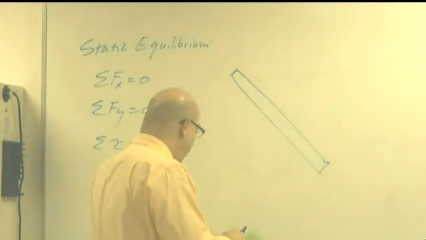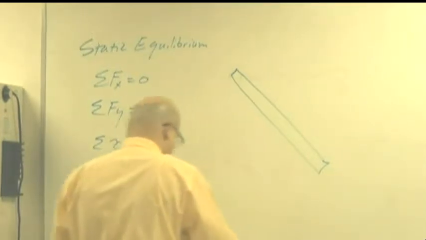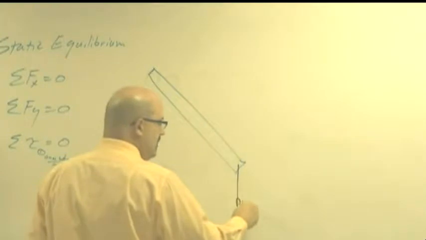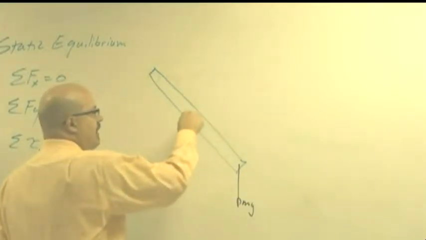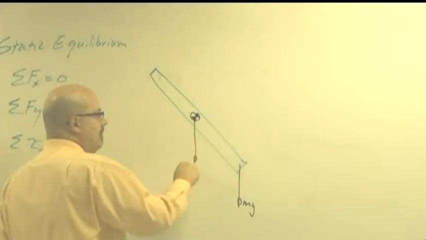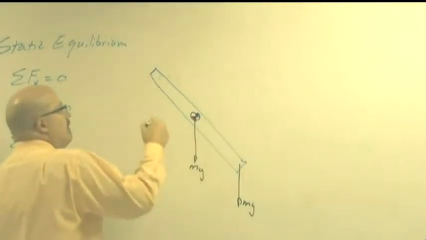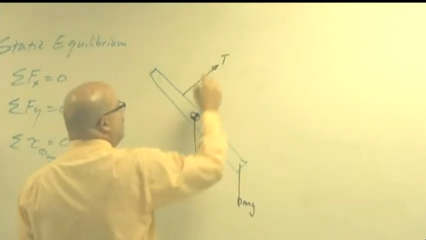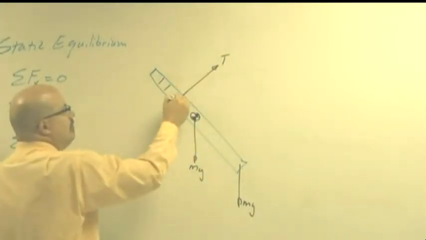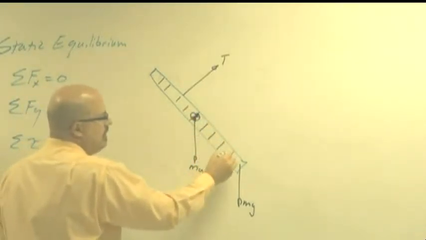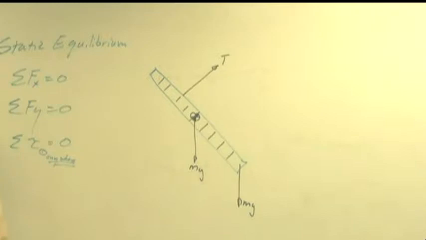All right, all the forces that act on this object: there's an mg here, there's an mg at the center of mass. We're going to talk about center of mass today. There is a tension this way. Now this tension is at 1, 2, 3, 4, 5, 6, 7, 8, 9, 10. Wow, look at that. Very good.